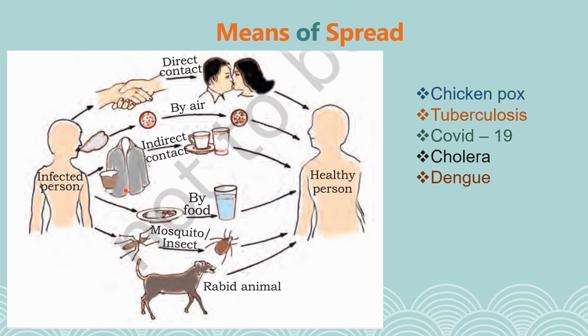In most cases, these diseases are called rabies, and they are transmitted through the biting of the animal on the healthy person. An example of this is hydrophobia. Hydrophobia is a very dangerous disease. The word hydrophobia means fear of water.